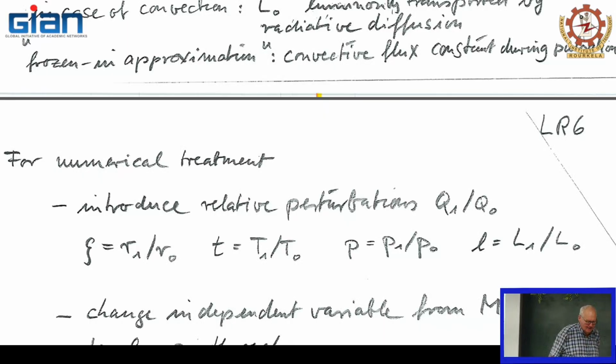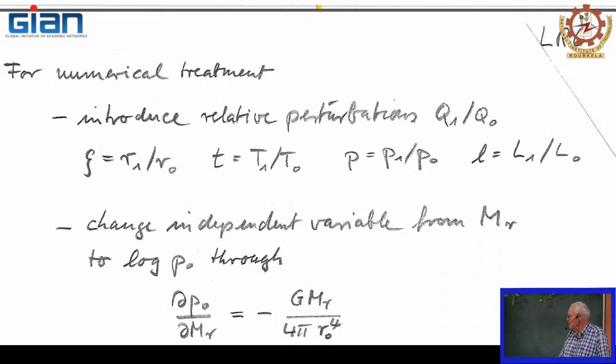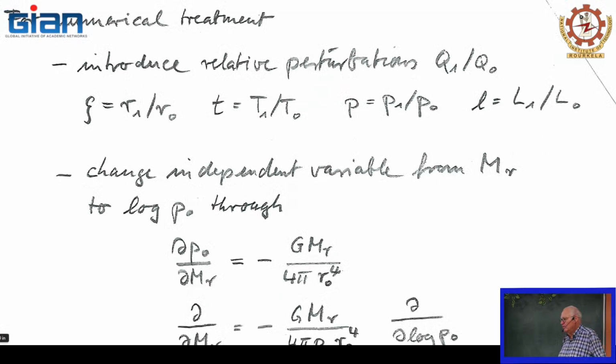Then, to gain maximum resolution, we usually take as an independent variable not the mass mr, but log p0. Why is that done? In the outer stellar envelope there is usually not much mass, but the pressure varies by several orders of magnitude.